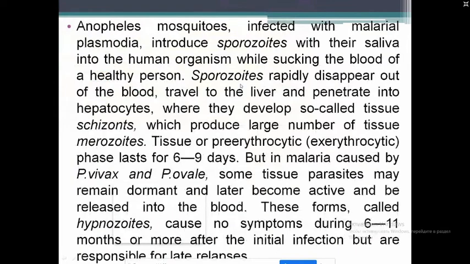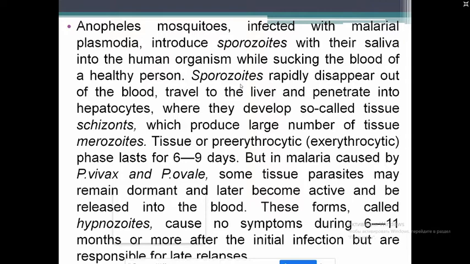Anopheles mosquito, infected with malaria plasmodia, introduce parasite with their saliva into the human organism while sucking the blood of a healthy person. Sporozoites rapidly disappear out of the blood, travel to the liver and penetrate into hepatocytes, where they develop so-called tissue schizonts, which produce large number of tissue merozoites.